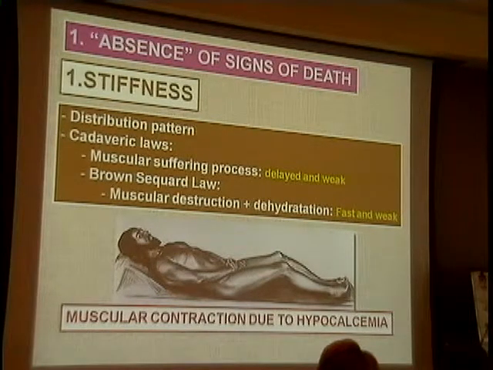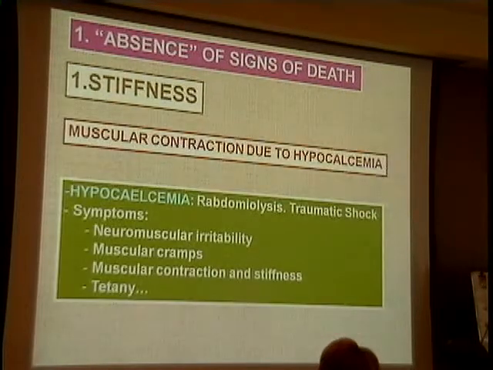that is the muscular contraction due to hypocalcemia. The hypocalcemia could happen in different circumstances, in some pathologies, some diseases, but it is also described that it happens with a process of rhabdomyolysis, muscular damage.